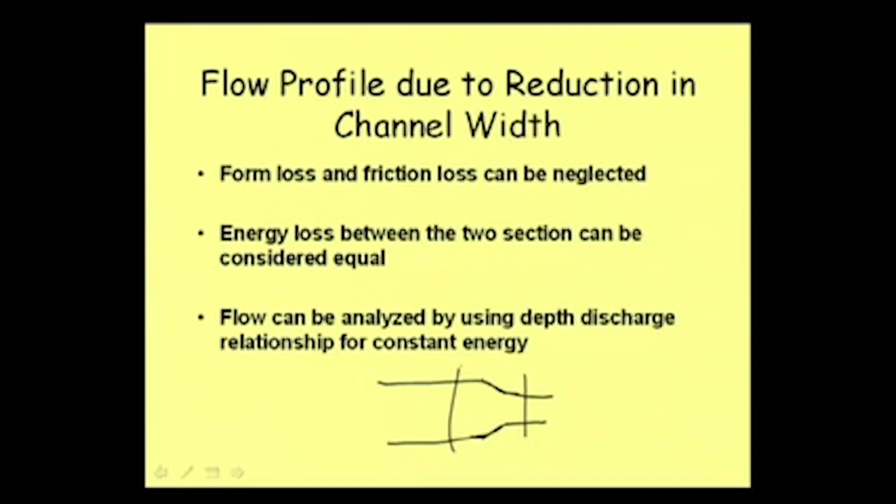And once we neglect this friction loss, and of course form loss can be considered neglected if it is smoothly changing, then the energy loss between this upstream, say this is E1, and the energy at E2 can be considered to be equal. That is, the energy loss between this upstream and downstream section is negligible.